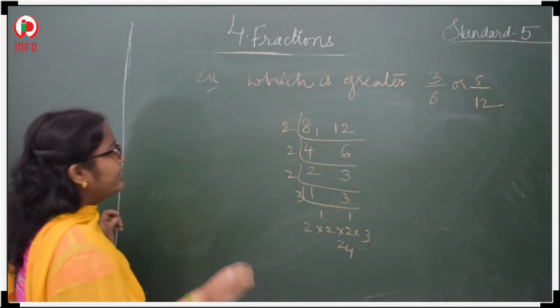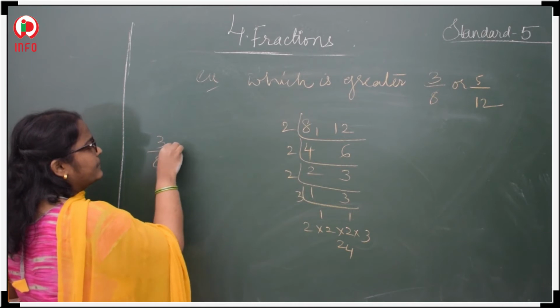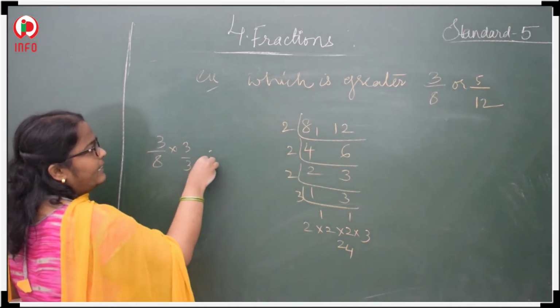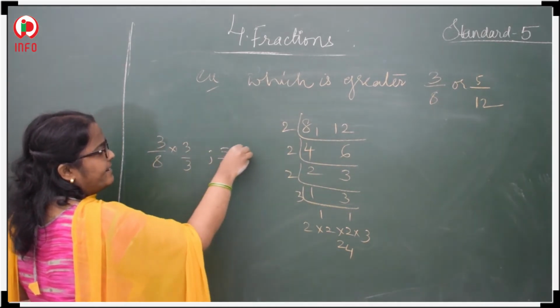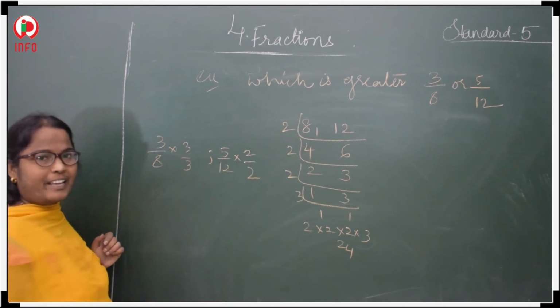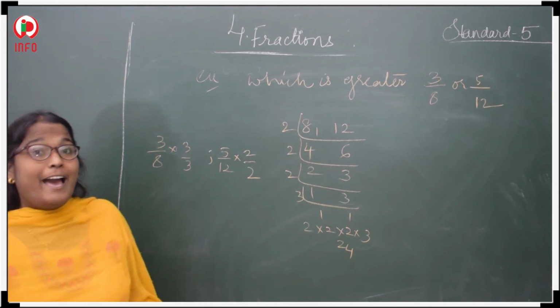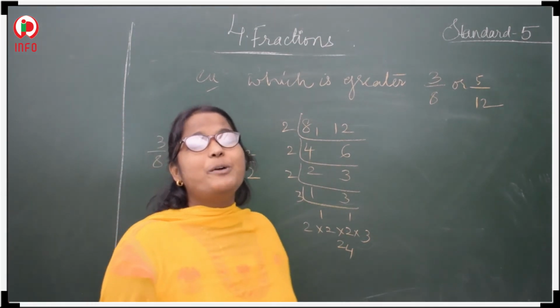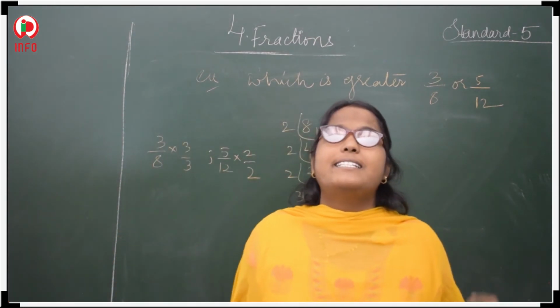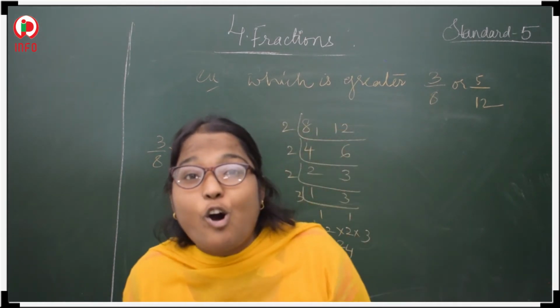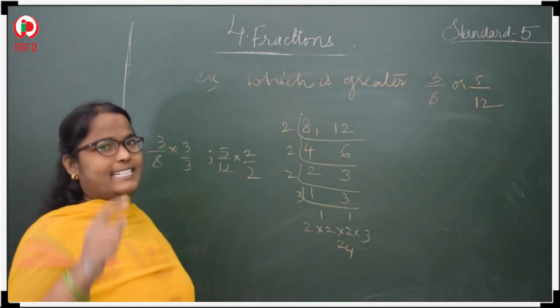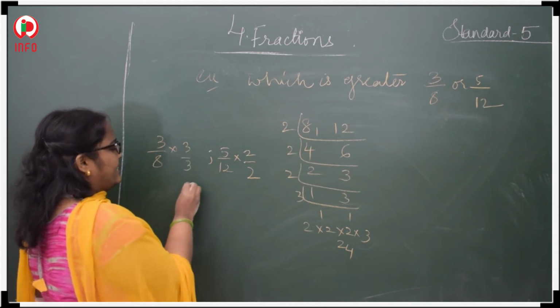So now I should make it into 3 by 3. Why can you say? 8 threes are 24, 12 twos are 24. If I am multiplying the denominator, I need to multiply the same number to the numerator also. Keep that in your mind. 3 threes are 9.